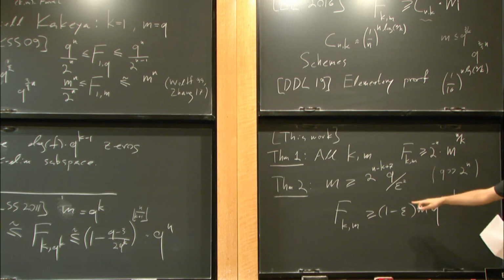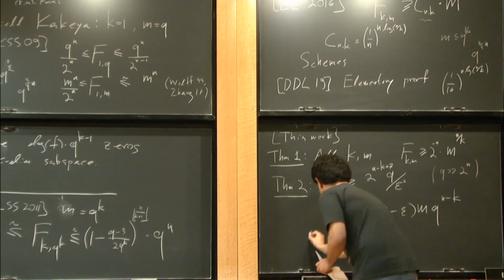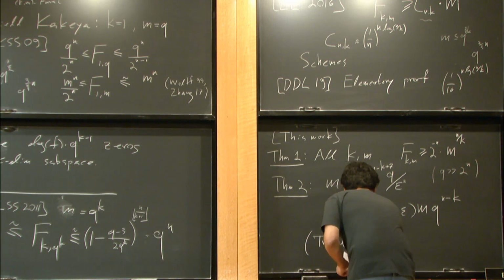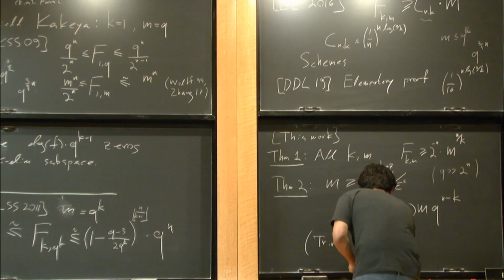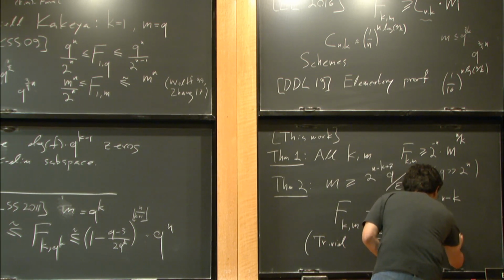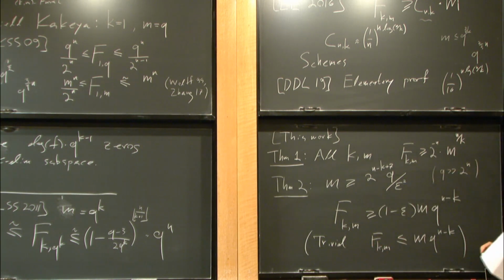Again, just to say why this is a good bound, there's a trivial upper bound of m q to the n minus k. So anybody can come up with a set of this size that will have m points intersection with every shift of every parallel plane of dimension n minus k.